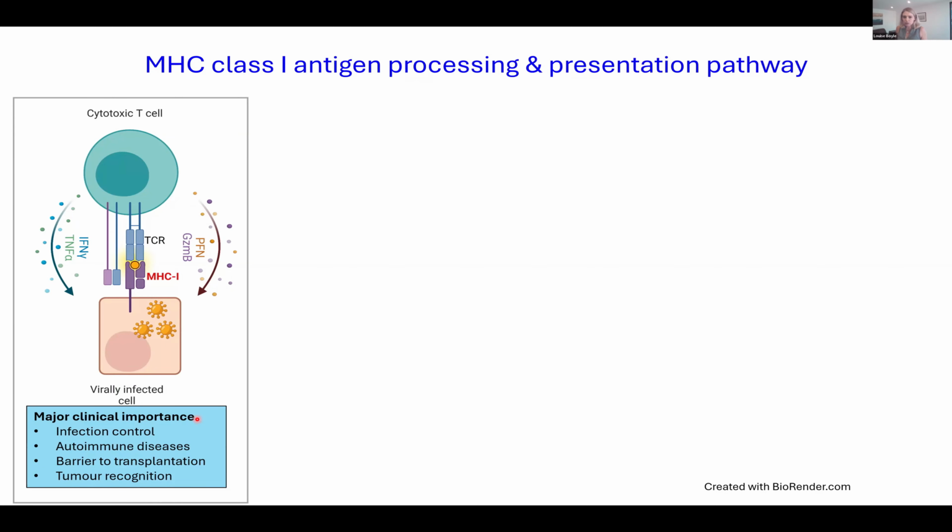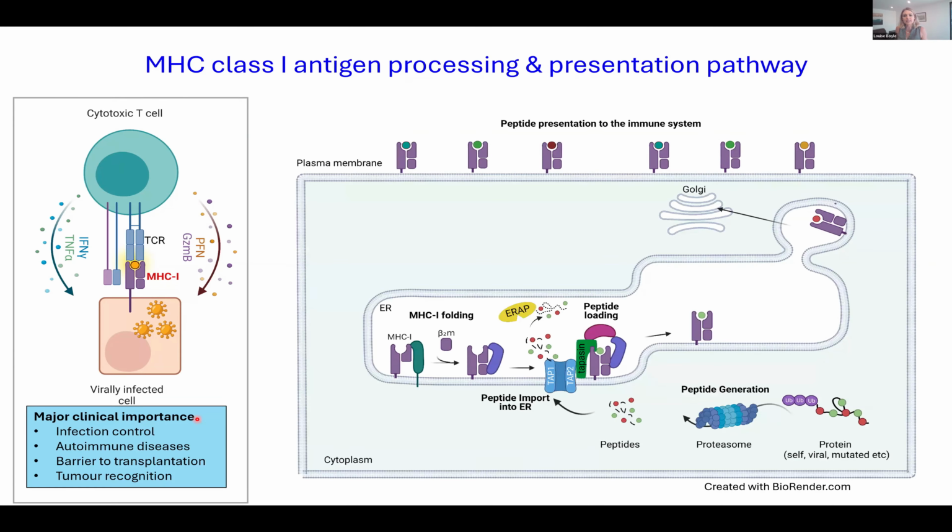The MHC class 1 antigen processing and presentation pathway has been extensively studied over the past 3 decades, and we now have a very good understanding of the major players involved in this pathway, which help to assist MHC class 1 molecules to bind to peptides. These peptides are typically generated in the cytoplasm via the proteasome, and a fraction of the peptides that are generated can be imported into the ER lumen via the TAP transporter.